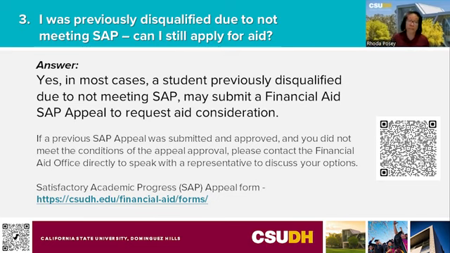If a previous SAP appeal was submitted and approved, and you did not meet the conditions of that prior approval, I want you to call our office so you can speak with a representative directly, and let's discuss your options. And here's a link for our website, and the QR code will take you there as well. I'm sorry, it takes you to the actual appeal form itself.